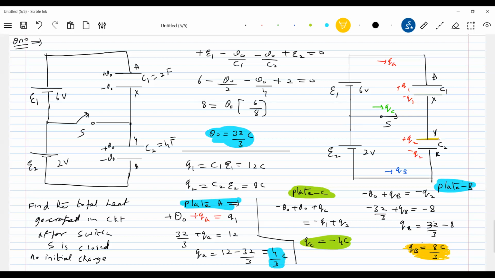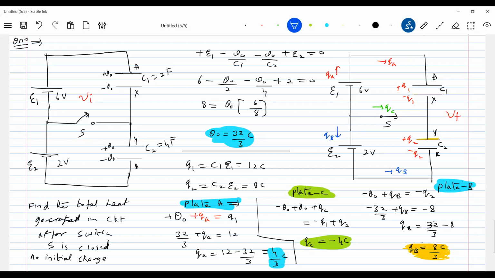How to get the heat generated. So we'll calculate the initial energy of the system, UI, the final energy of the system, UF, then the work done by the cells. So can we trace out how much charge has flown through the cell E1, QA only, and what charge has flown through the cell E2, QB only? Already we have the values.